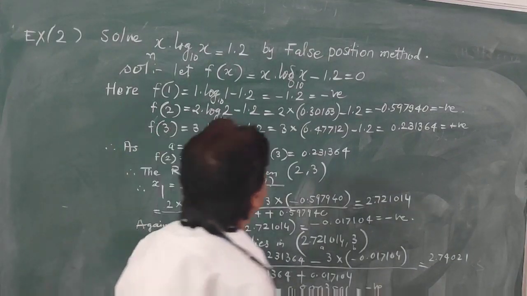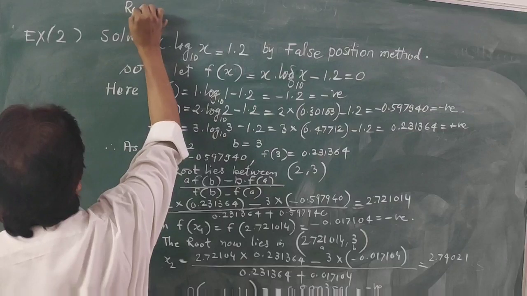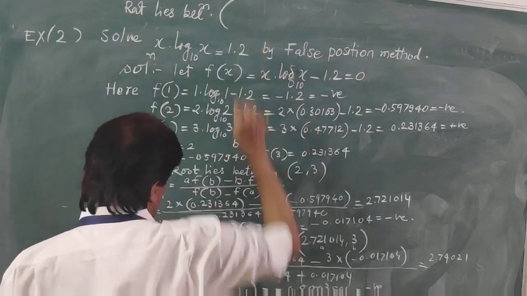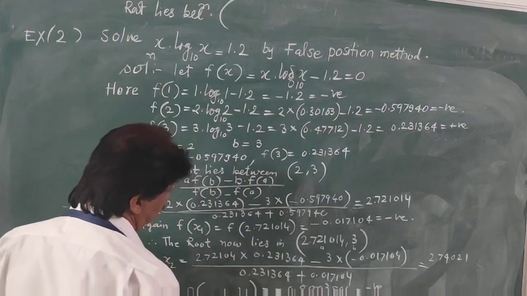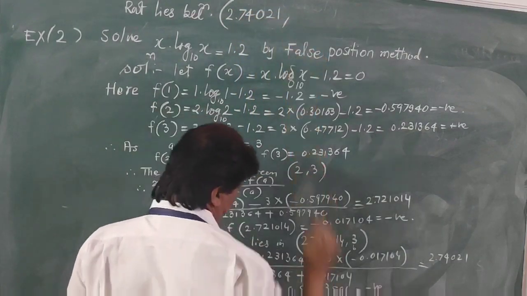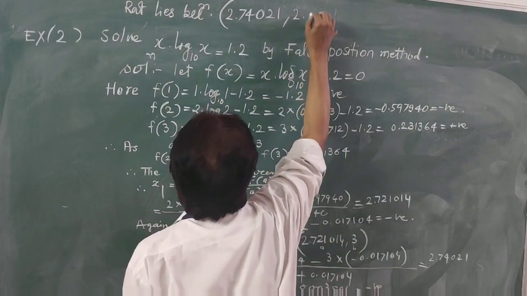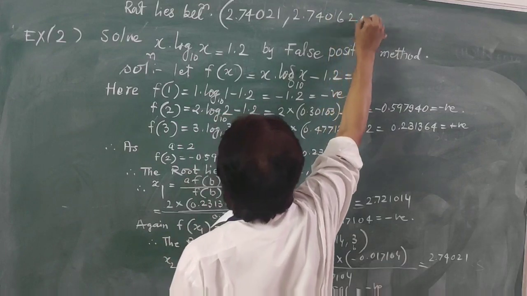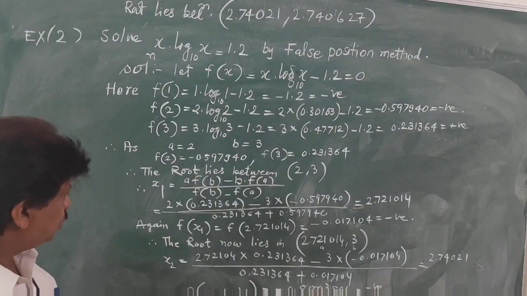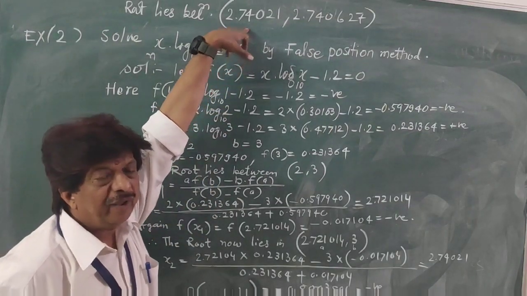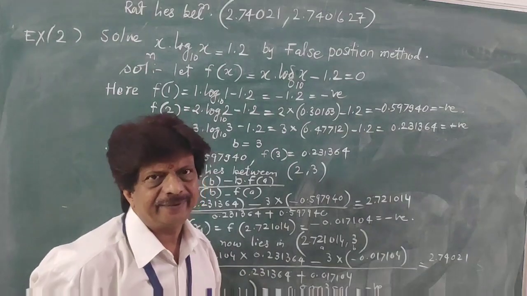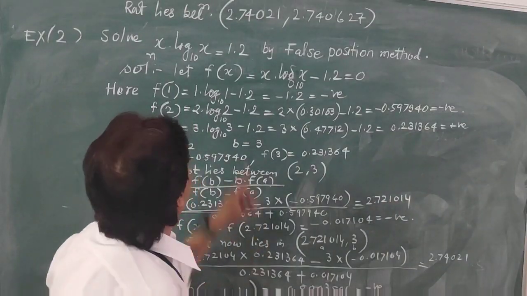Therefore the root lies between 2.74021 and 2.740627. So this is the value of x3.